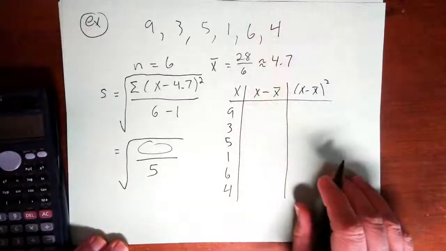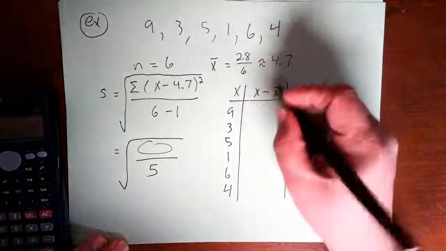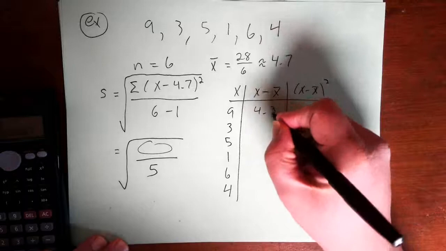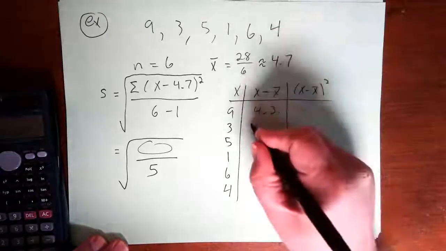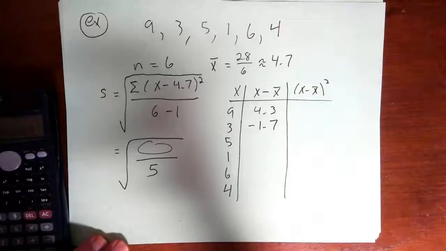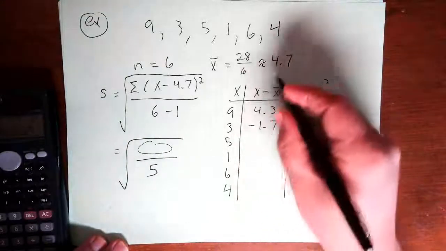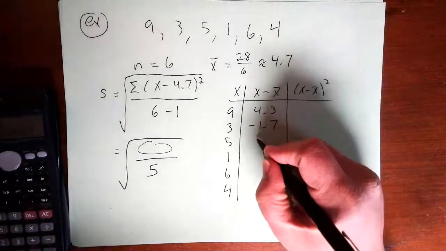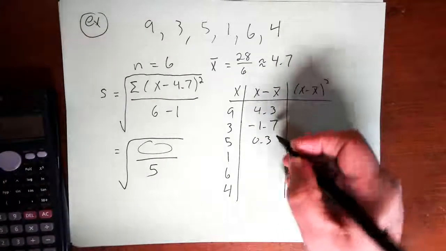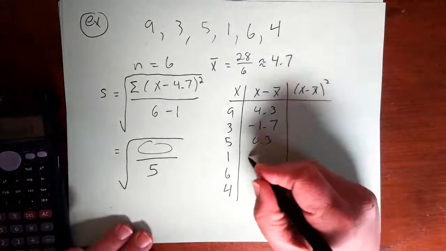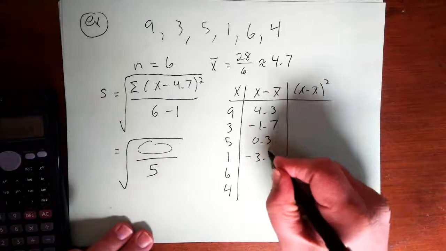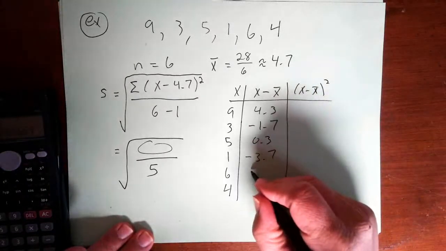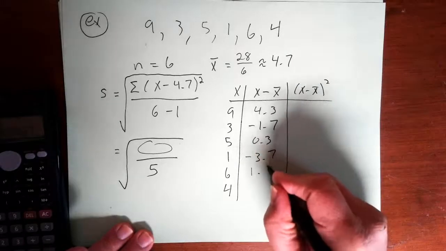So 9 minus 4.7, that's going to be 4.3. And then 3 minus 4.7, that's a negative 1.7. 5 minus 4.7, that's going to be 0.3. 1 minus 4.7, that's a negative 3.7. 6 minus 4.7, that's going to be 1.3.